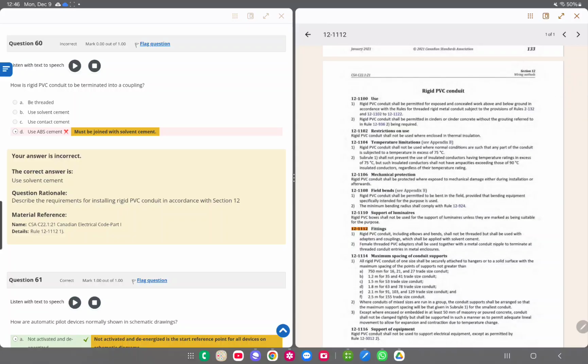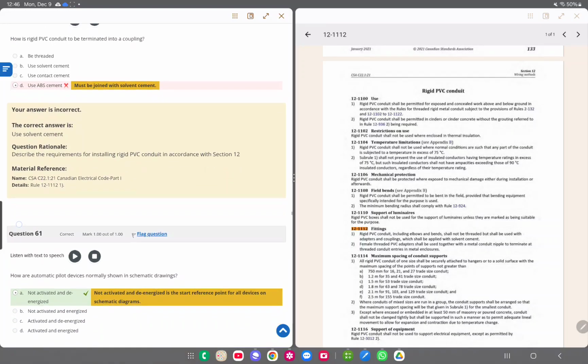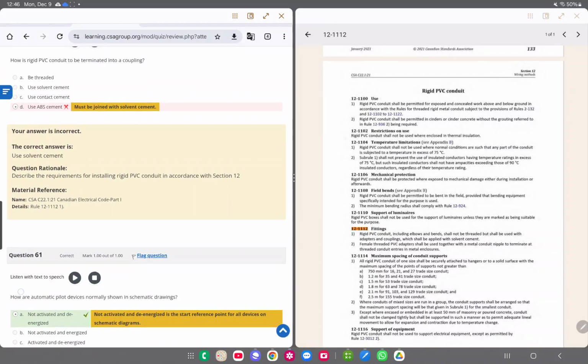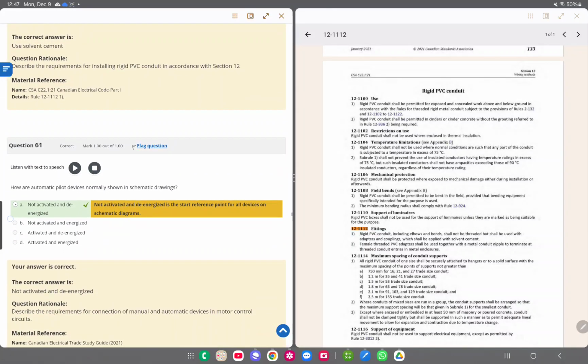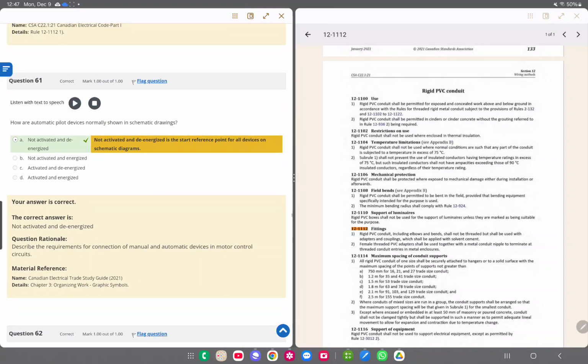So there's absolutely no reason why I should have got that question wrong. I guess I was guessing. How are automatic pilot devices normally shown in schematic drawings? They're shown not activated and de-energized. This is the start reference point for all devices in a schematic drawing.